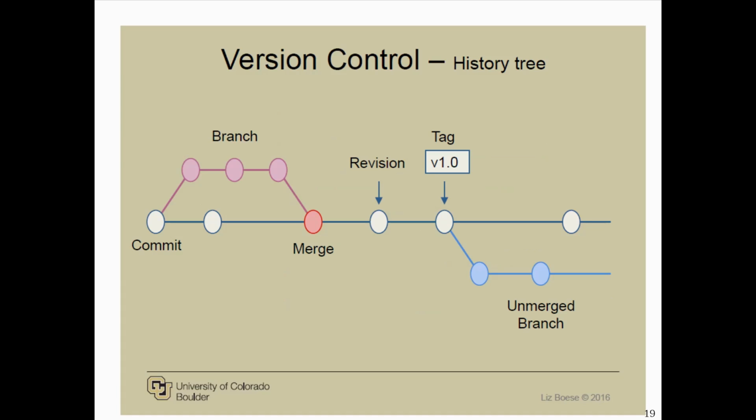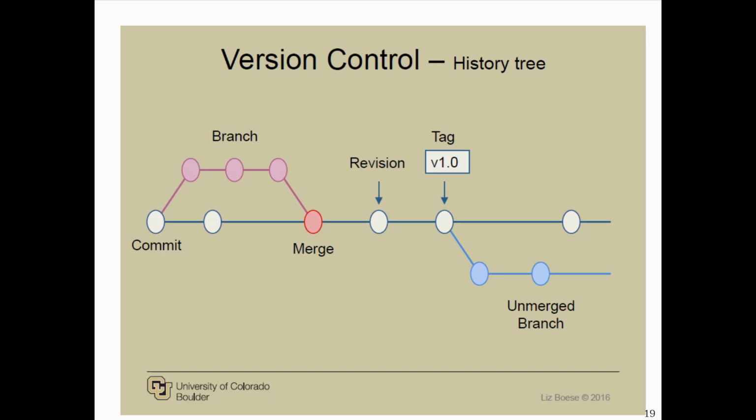So here we can look at a version control history tree. This is much like what Git looks like. So we have our initial commit, and then someone that we'll call the blue line master can continue to work along master, while the branched, the purple circles, can add a bug fix or add a feature that wasn't in there, and then eventually merge it back into the master branch.